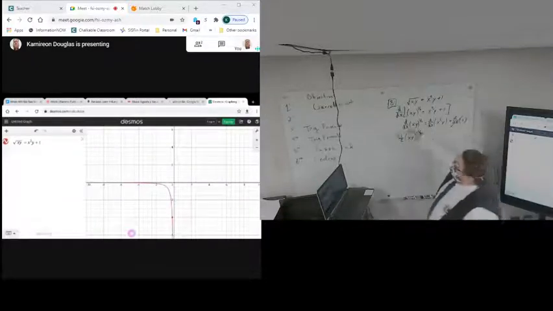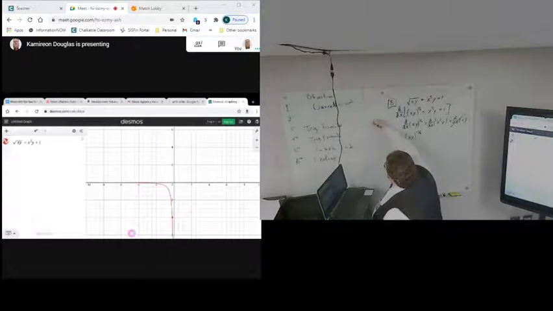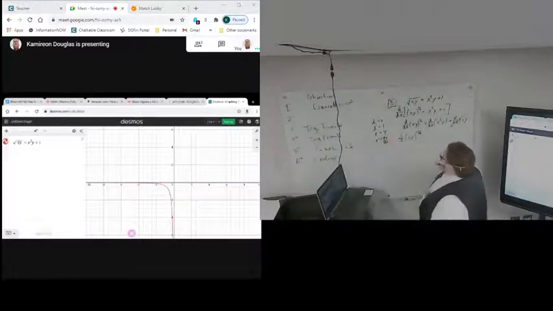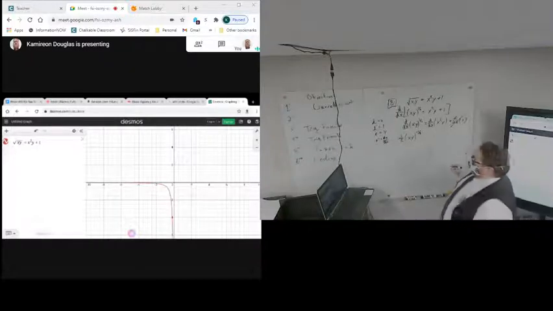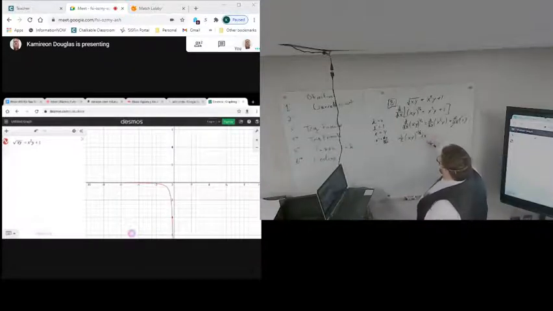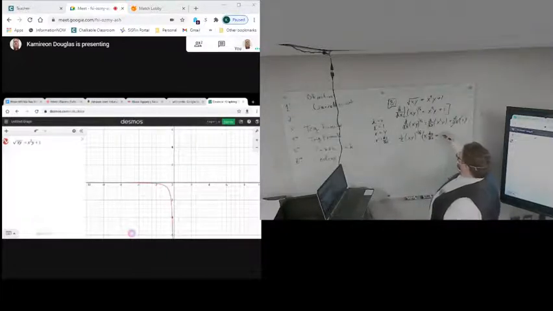My product would be: left is x, left prime would be 1, right would be y, right prime would be dy dx. Okay, left d right plus right d left. Left, I'll put it in parentheses, d right, dy dx, plus right, d left.